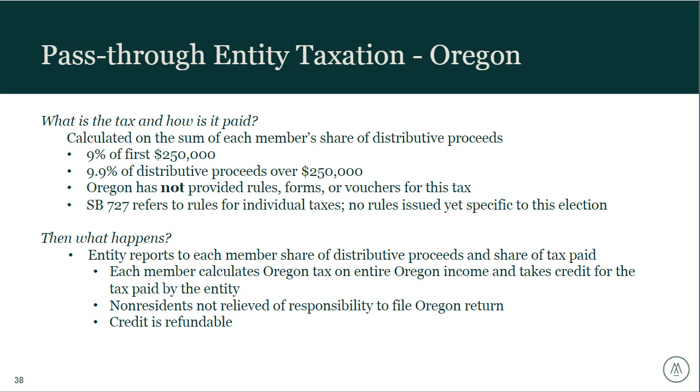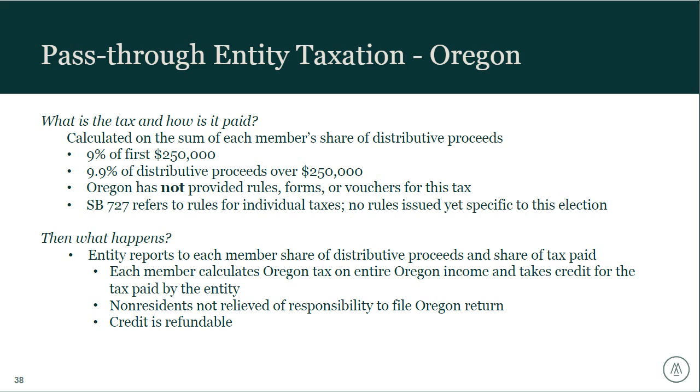SB 727 has directed the Department of Revenue to promulgate some rules. Right now, we do not have any rules, forms, or vouchers for this tax yet. Once the election is made, the entity is to report to each member its share of distributive proceeds and its share of the tax paid.